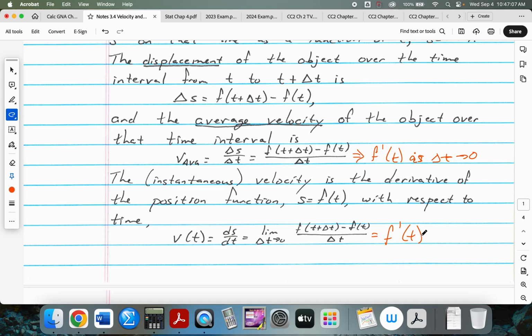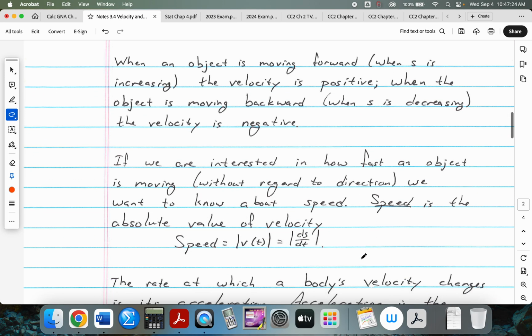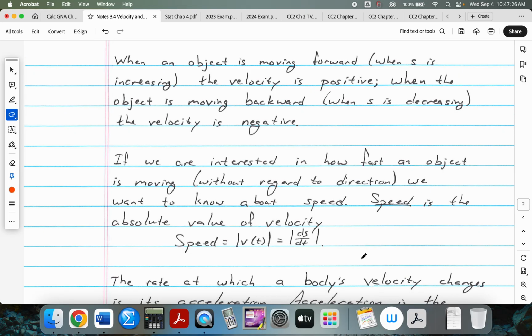Right, if we're letting s be equal to f of t, the position is a function of time of some kind. All right, so when an object is moving forward, when s is increasing, we say that the velocity is positive, right?